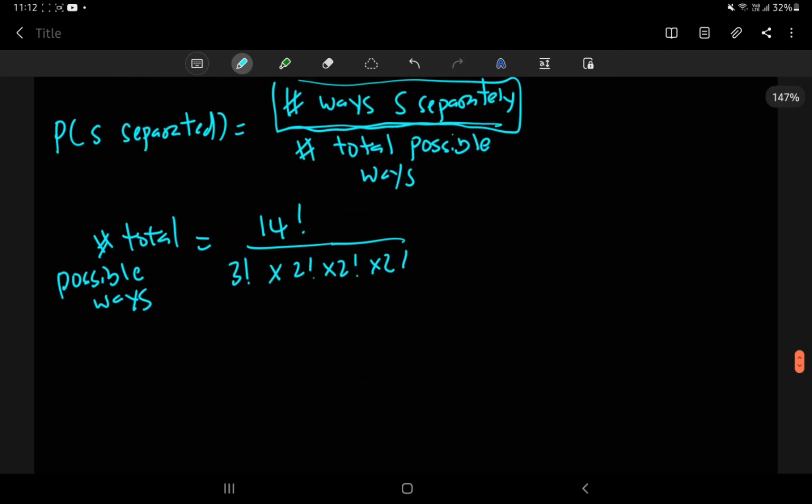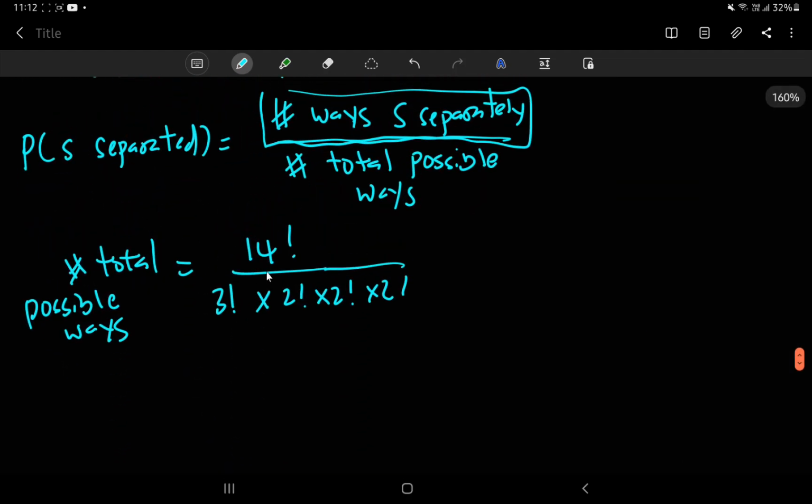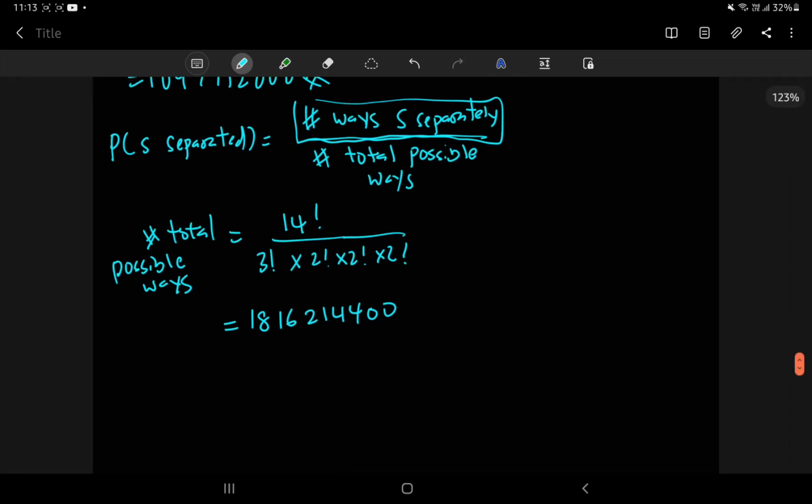This is the number of ways without restriction, which is 14 factorial divided by 3 factorial, which is 6, times 2 times 2 times 2, which is 8. So we get this much value.